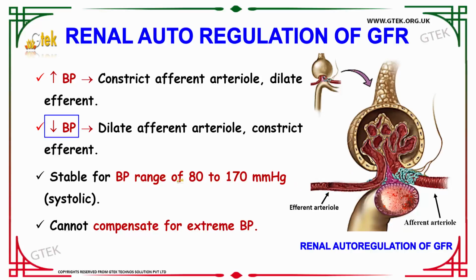This is how we can regulate the GFR. This works to obtain a stable range of systolic BP, say 80 to 170 mmHg, and we cannot compensate for extreme BP.